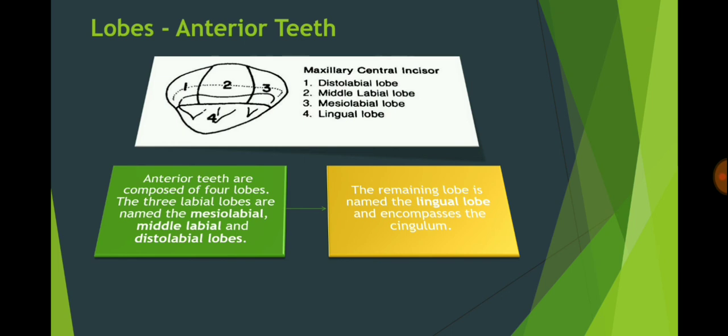The cingulum develops from the lingual lobe. The 3 labial lobes are named the mesiolabial, middle labial, and the distal labial. The remaining lobe is named the lingual lobe and encompasses the cingulum. Make sure you know lobes really well. These are 3 points that you're supposed to get.